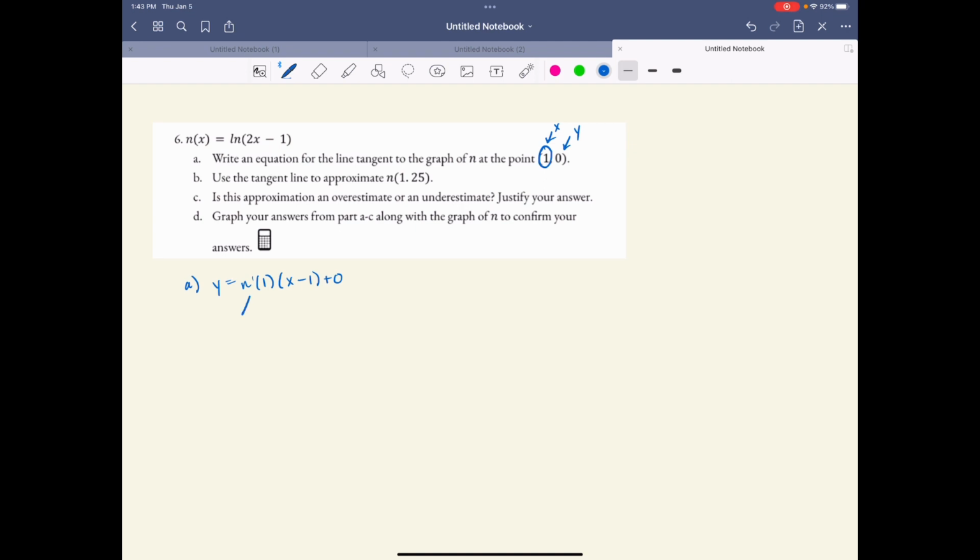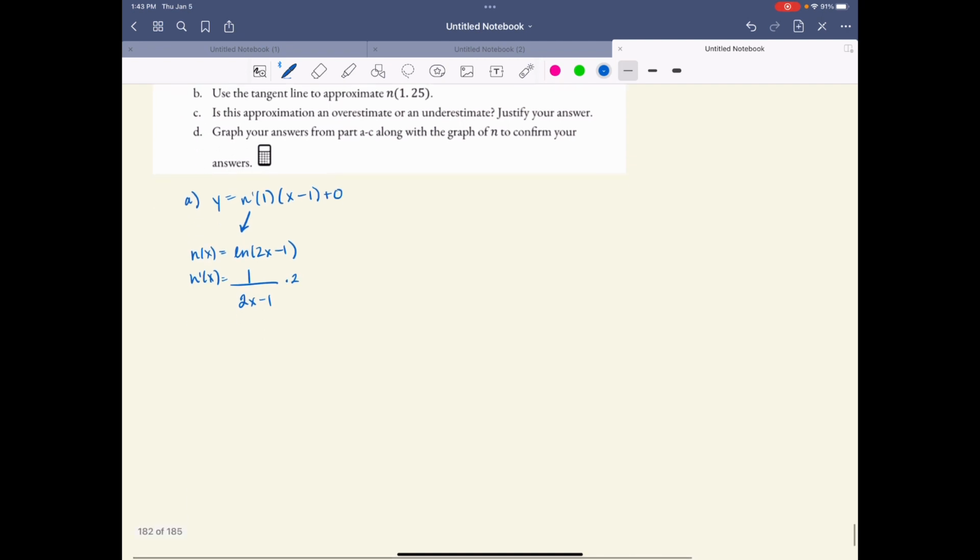To figure out the derivative at 1, I have to take the derivative of n of x. n of x is ln of 2x minus 1. So the derivative of n is going to be 1 over 2x minus 1 times 2. I find the derivative by using the chain rule. The derivative of ln of x is 1 over x, but it's with respect to my inner function.